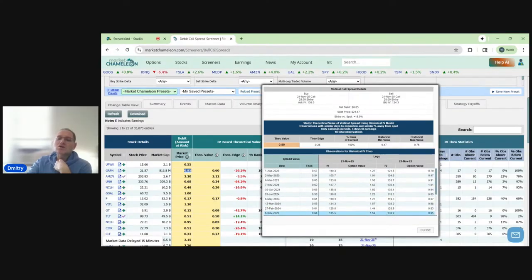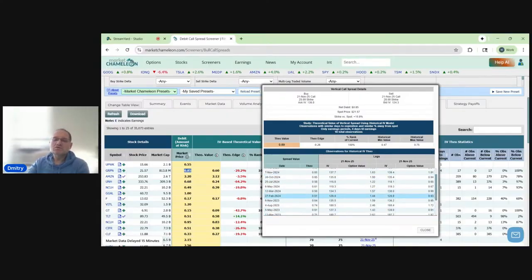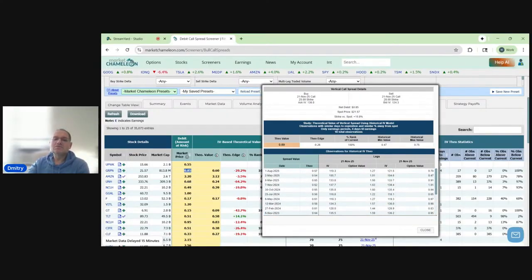And it's saying that, okay, we found similar situations. These were the implied volatilities. If we took a snapshot of the options chain, we could see exactly where both implied volatilities were. If we applied those, these would be the theoretical values. So how does that compare to today's value? Well, on the offer, the ask price, it's 85 cents.